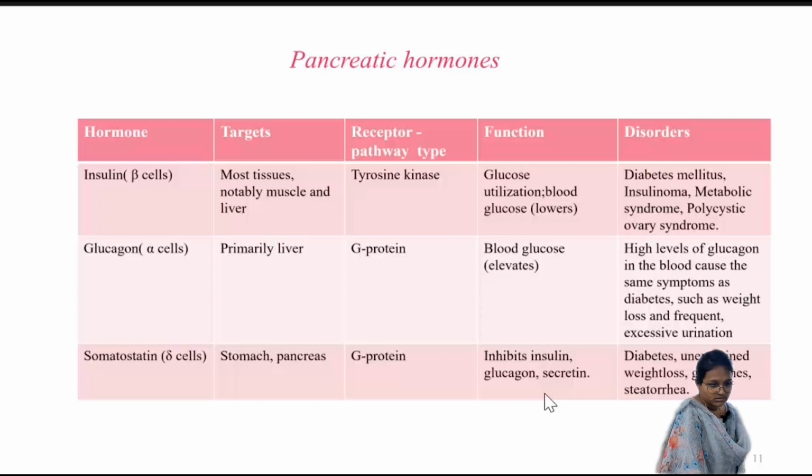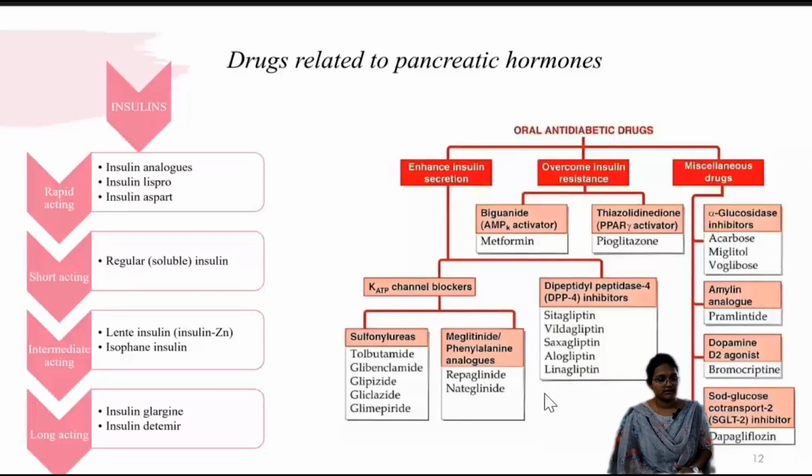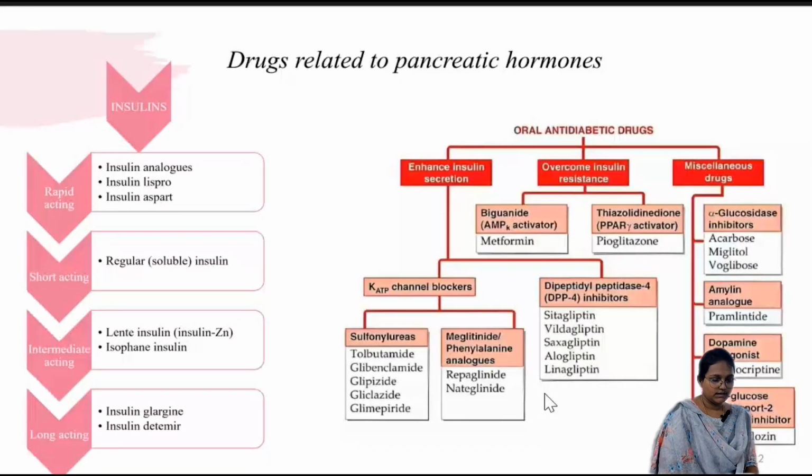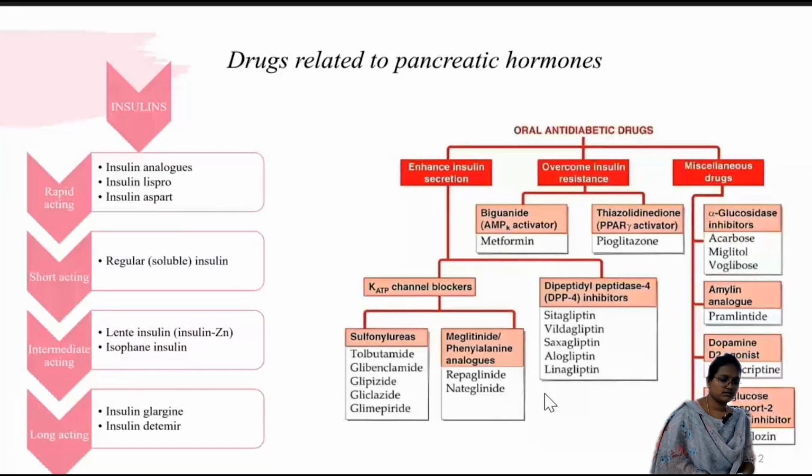Coming to the drugs related to pancreatic hormones, insulin. In diabetes mellitus, you see low levels of insulin, so insulin analogs are used. These are the categories: rapid acting, short acting, intermediate acting, and long acting. Coming to oral anti-diabetic drugs, these are also used to decrease the glucose levels in a diabetic patient.